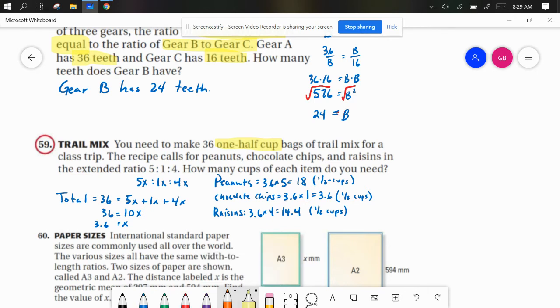Okay. Now to answer the question, how many cups of each item do you need? So how many full cups do you need? So 18 half cups is the same thing as 9 full cups. So basically you need to divide each one of these numbers by 2.